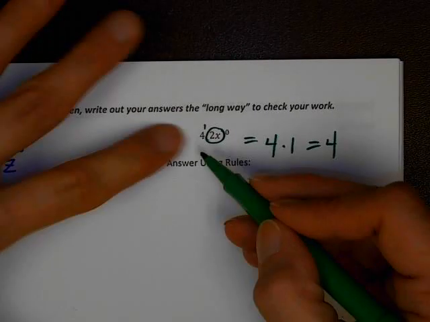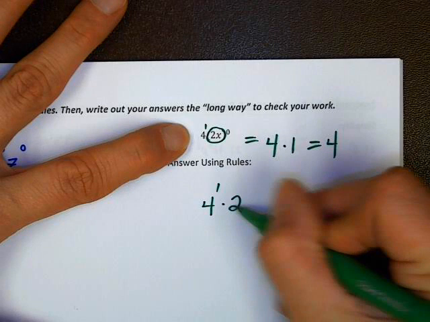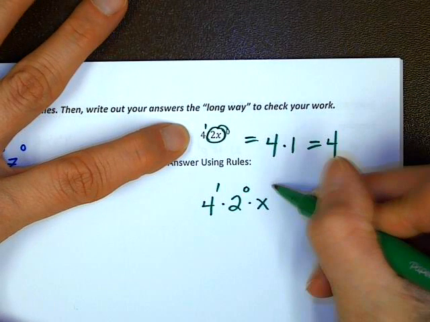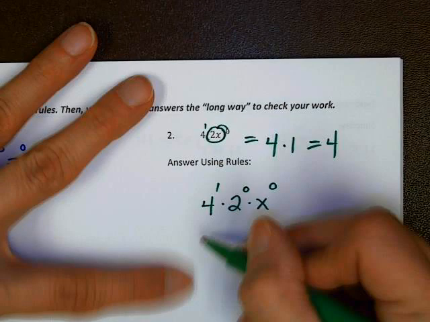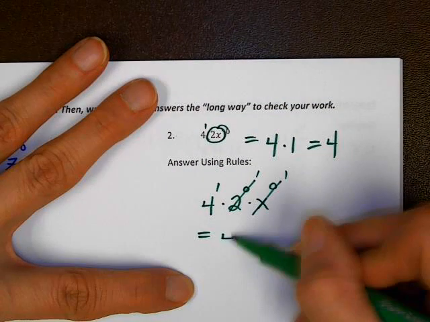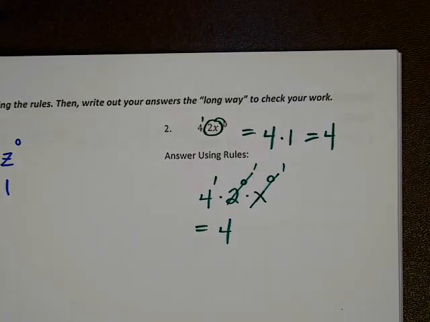Now, if you wanted to do it the long way, you'd say 4 to the first power, and then 2, you're going to get the 0 power, and x, you're going to get the 0 power, and so this guy turns into a 1, this guy turns into a 1, and all we have left is 4. Long way or short way does not matter.